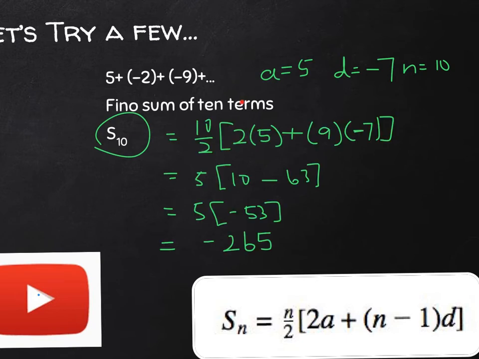So by using a equals 5, d equals -7, and n equals 10, I substitute them into the formula down here. So 10 over 2, 2 times 5 plus 9 times -7 is equal to 5 times 10 minus 63, and finally I get -265. So with this particular series, when I add them all up for 10 terms, I get -265.